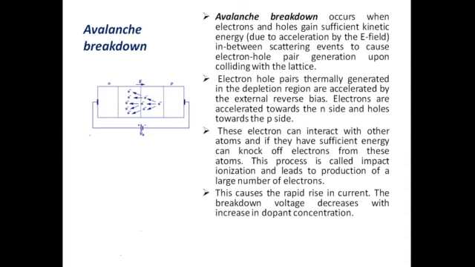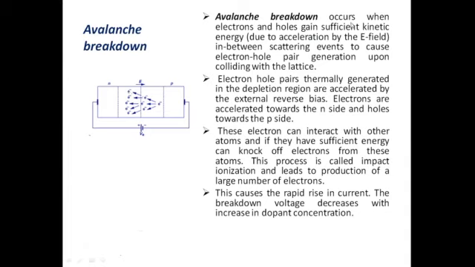The already existing carriers will receive more and more kinetic energy, and they will collide with nearby atoms and liberate more and more free electrons. This is the avalanche effect. It will grow just like an avalanche, so more and more carriers will be generated.